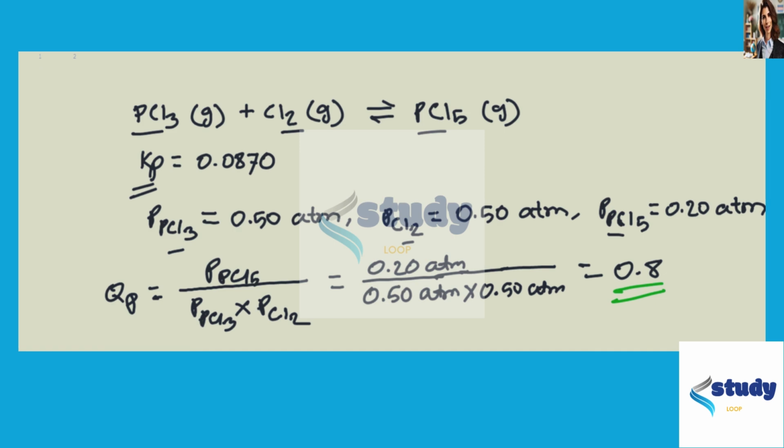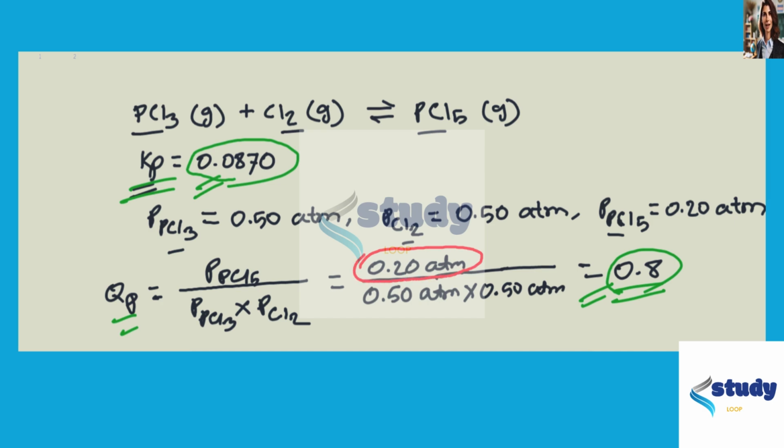Now if we look at the equilibrium constant in terms of pressure, Kp, we can see that the reaction quotient is greater than the value of the equilibrium constant. That means to reach equilibrium, we need to decrease the value of the reaction quotient. To do that, we have to decrease the partial pressure of the product and increase the partial pressure of the reactants.